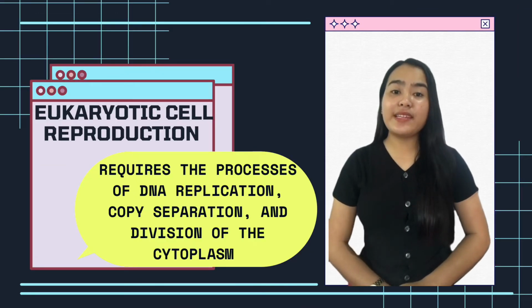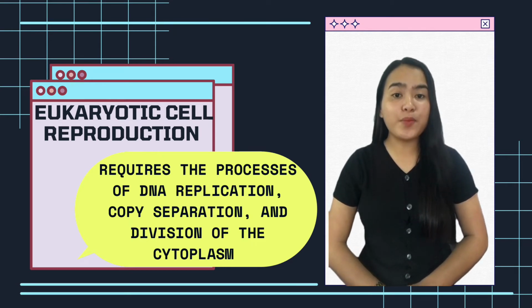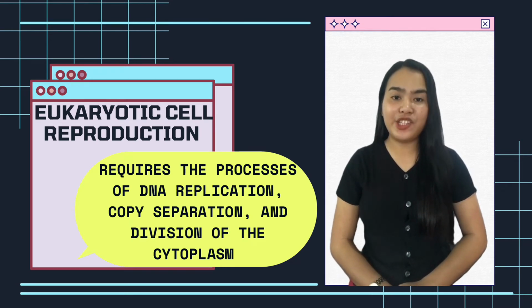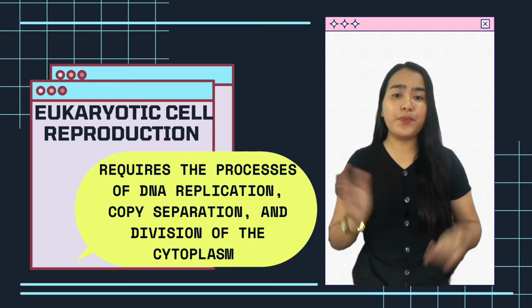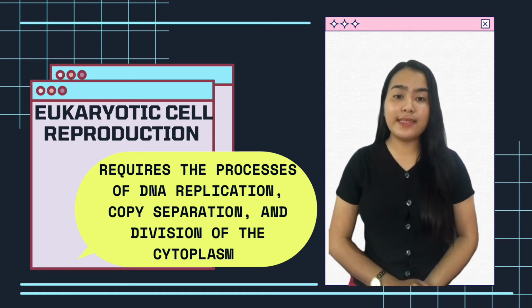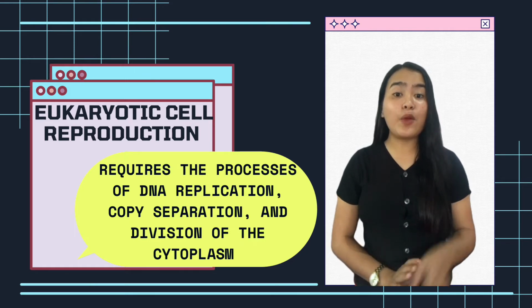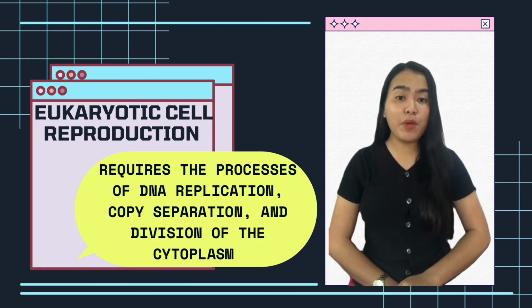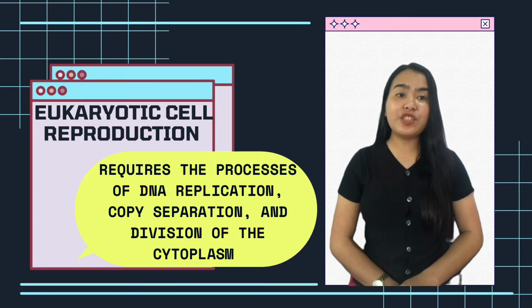Like prokaryotic cell reproduction, eukaryotic cell reproduction requires the processes of DNA replication, copy separation, and division of the cytoplasm. However, the presence of multiple DNA molecules requires a more complex mechanism to ensure that exactly one copy of each DNA molecule ends up in each of the new cells.